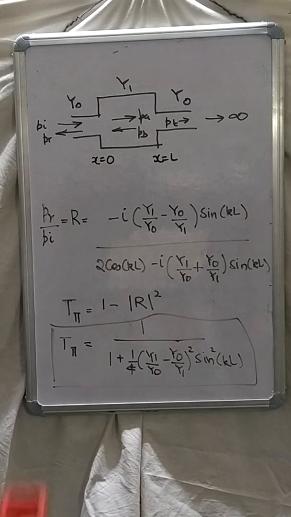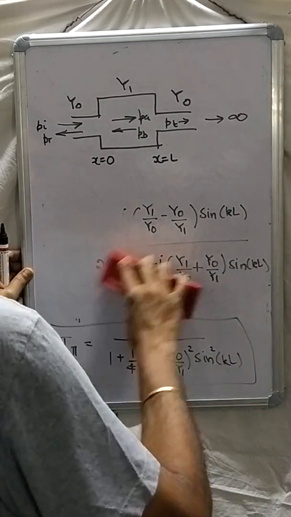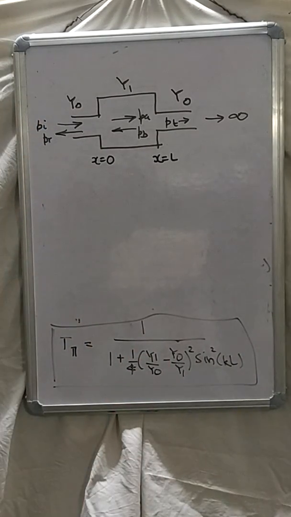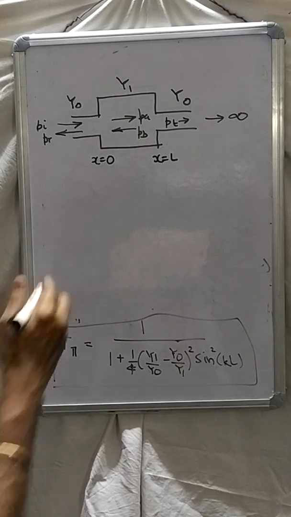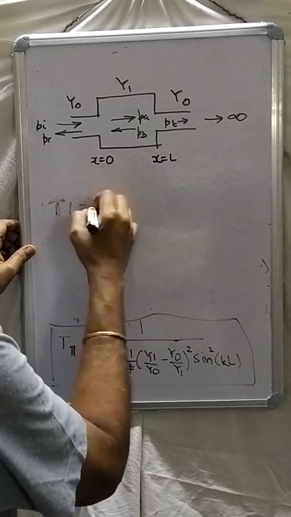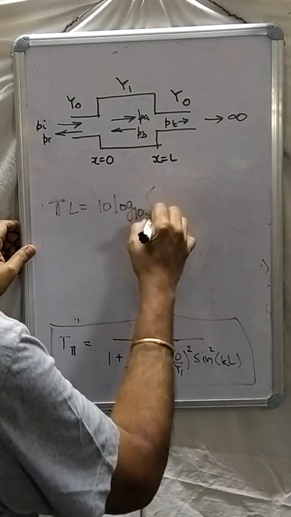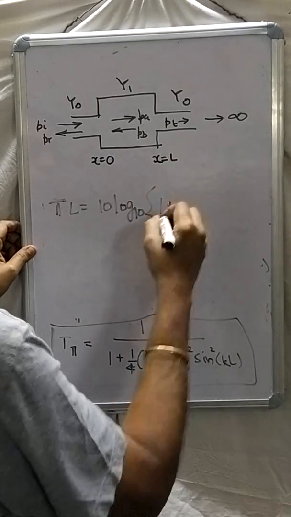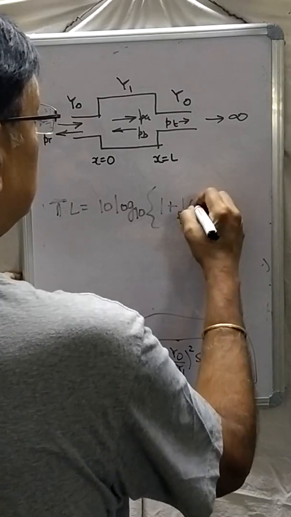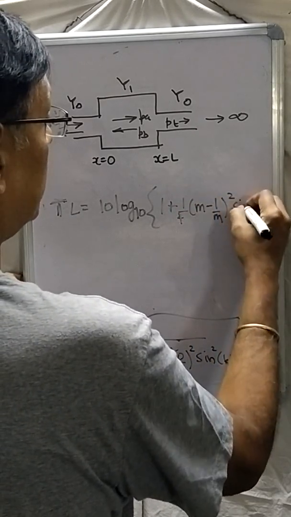Now if you recall from the earlier class, the last class that we had before this break, I had shown you the expression for an expansion chamber from the transfer matrix method. We wrote down the transmission loss essentially as 10 log base 10 of 1 plus 1 by 4 times m minus 1 by m, the whole square, sine square KL.